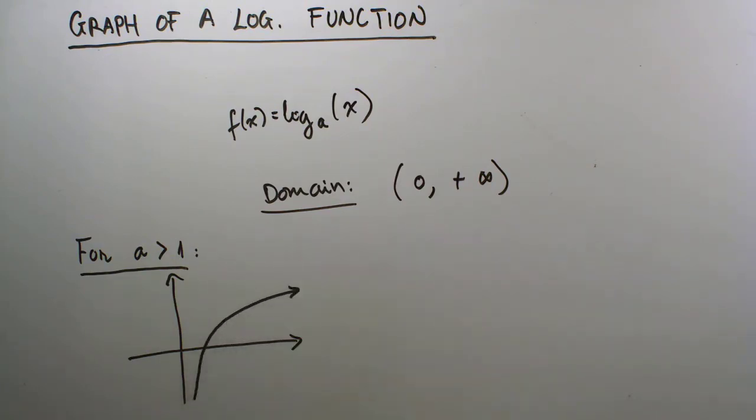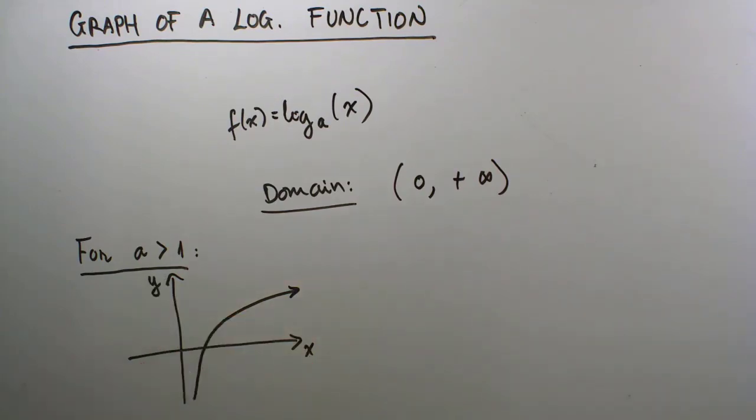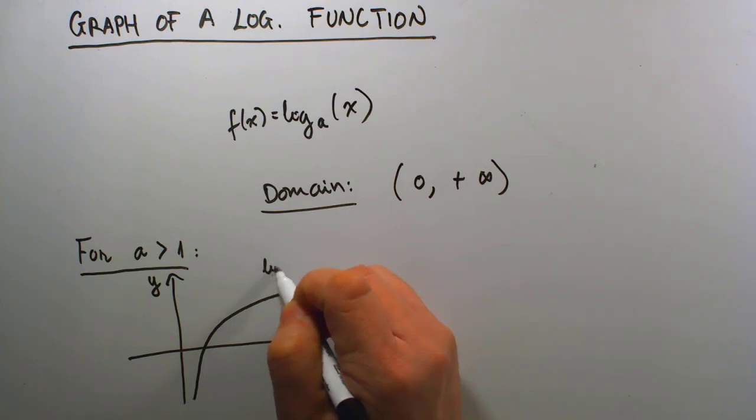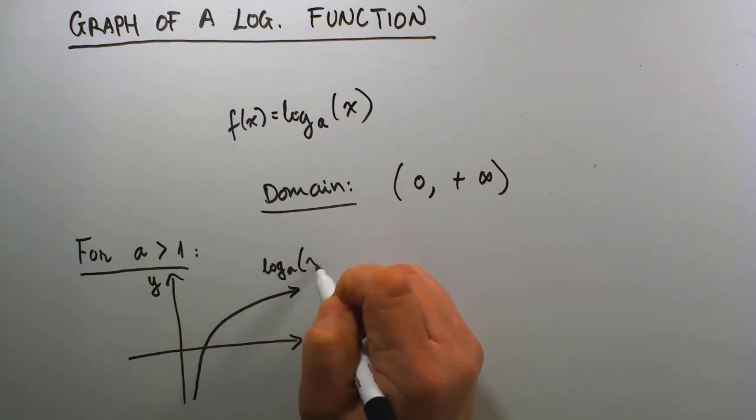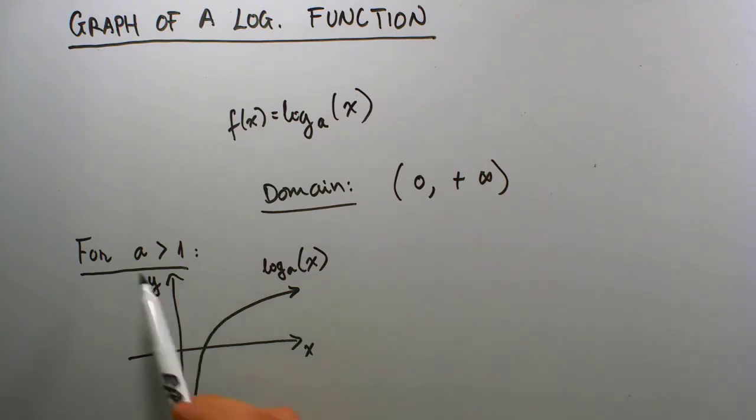The rise was quick when the graph was still below the x-axis, and then the rise slows down when the graph goes above the x-axis. But that's generally the fundamental shape for any log base a of x function, where base a is a value greater than 1.